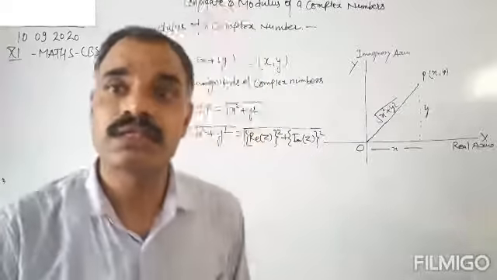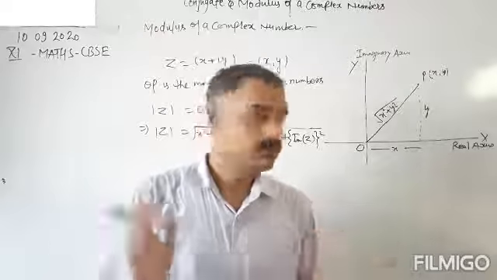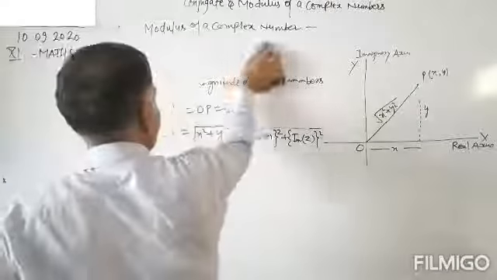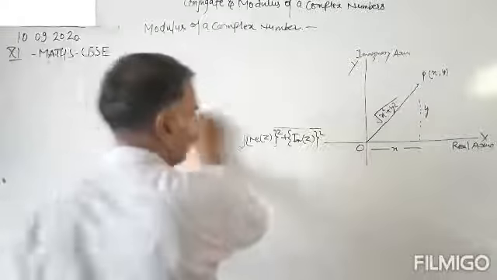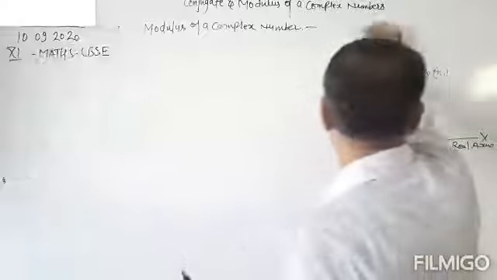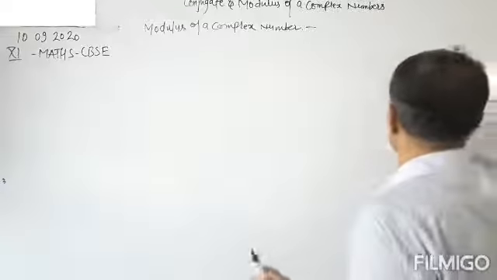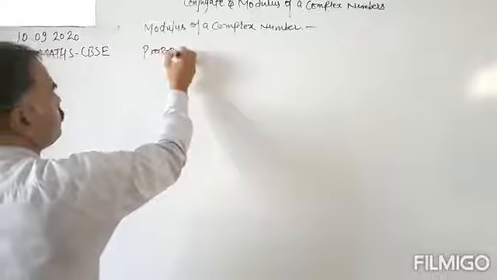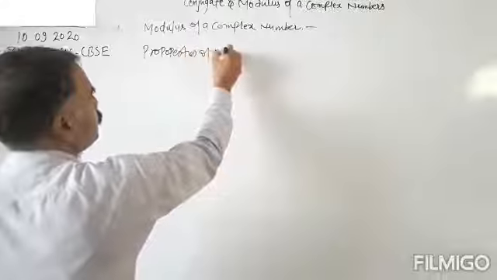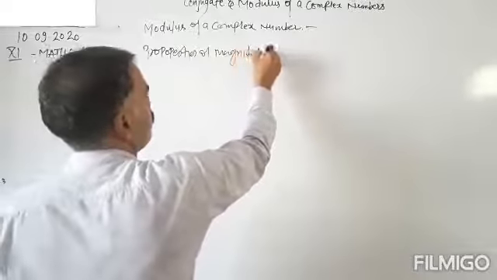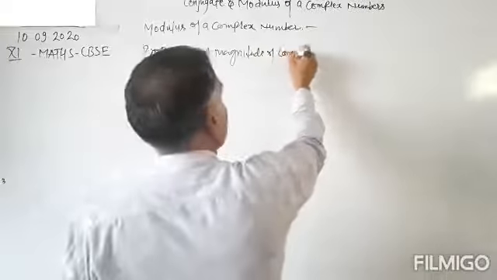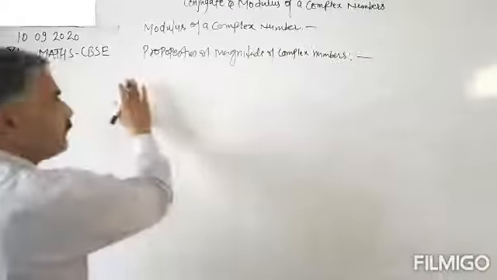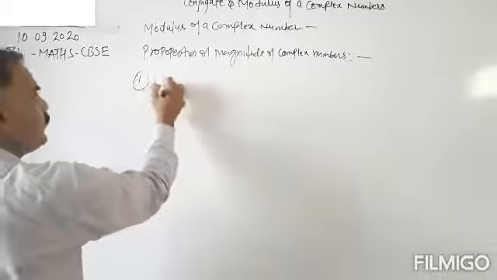Let us discuss the properties of modulus of complex numbers. The first property is magnitude z square.